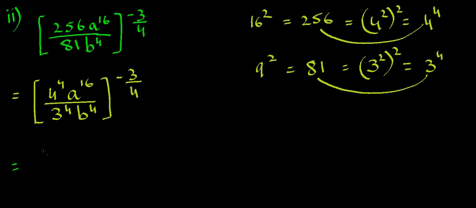So we will have a raised to 4 multiplied by minus 3 raised to 4 into, silly me, this was not a, this was 4. Here we have 4 into a raised to 16, the whole raised to the power, multiplied by minus 3 raised to 3 upon 4.